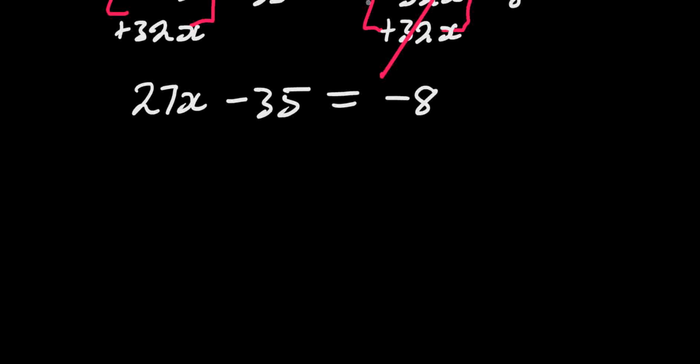So now we can isolate 27x by adding 35 to both sides.